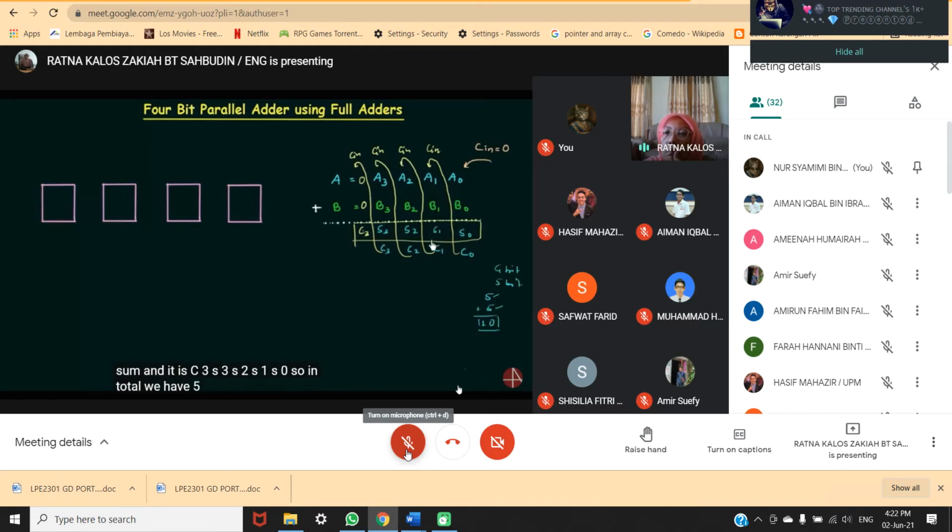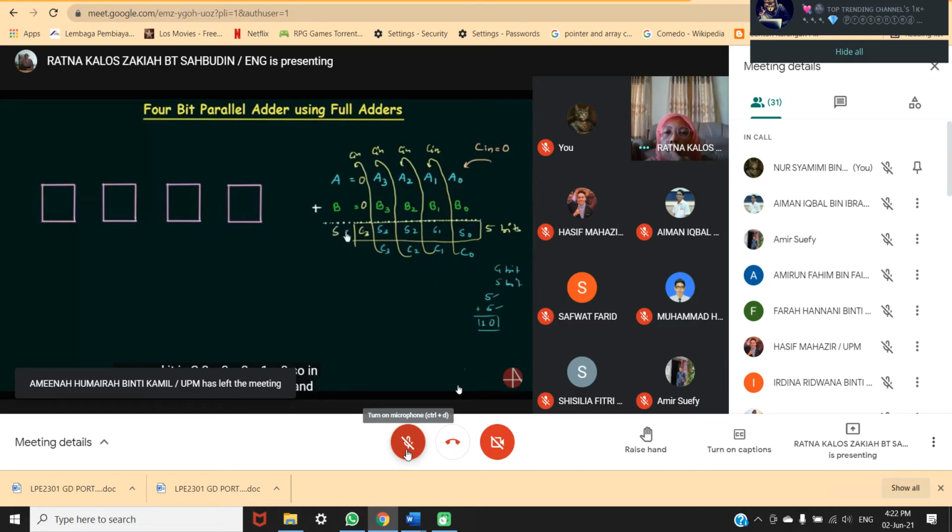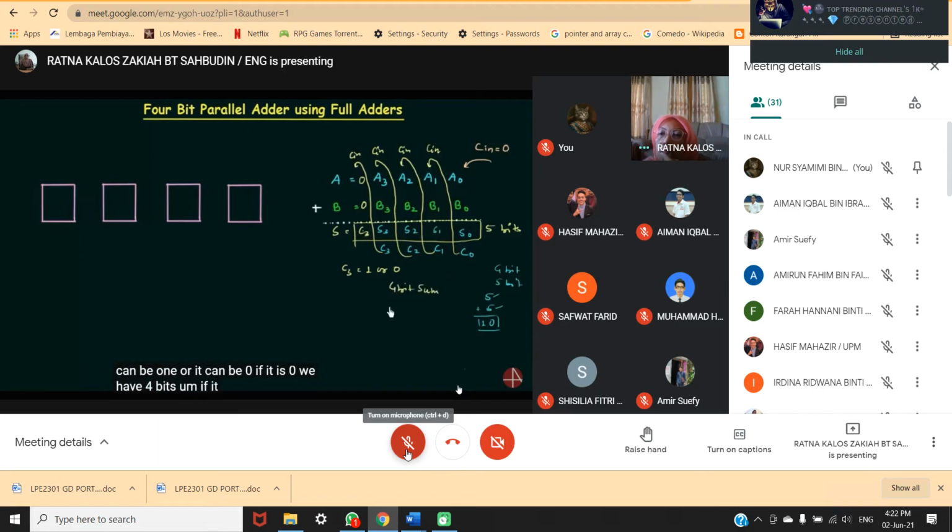So in total we have 5 bits as our sum, and depending upon the values of A0, A1, A2, A3, B0, B1, B2, B3, C3 can be 1 or it can be 0. If it is 0, we have 4-bit sum. If it is 1, we have 5-bit sum.